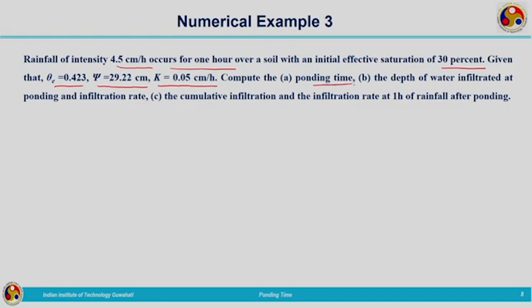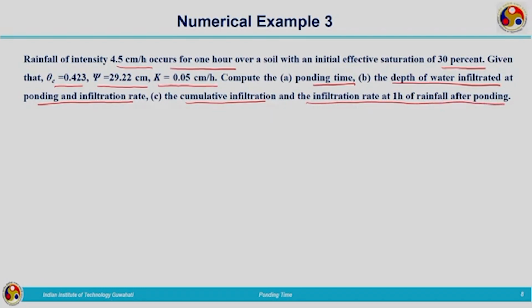Compute the ponding time, the depth of water infiltrated at ponding and infiltration rate, and also the cumulative infiltration and the infiltration rate at 1 hour of rainfall after ponding.